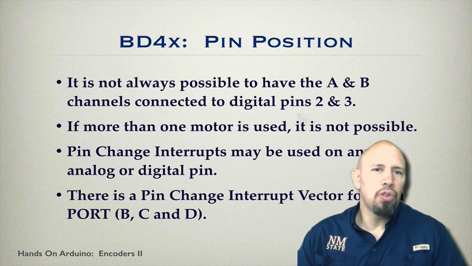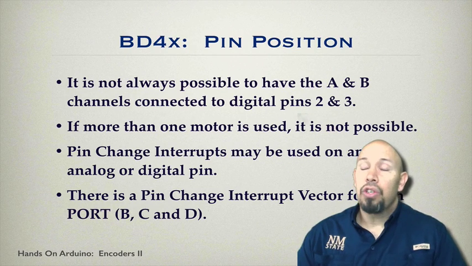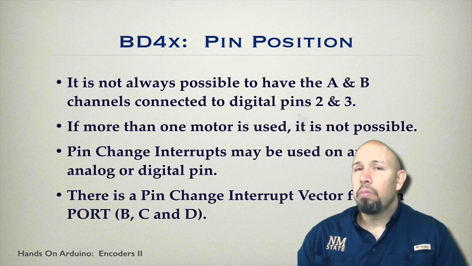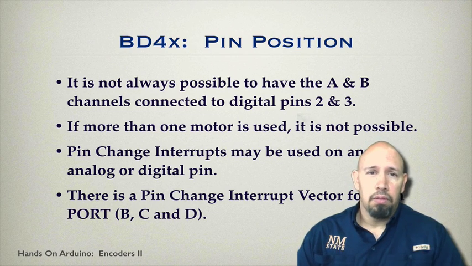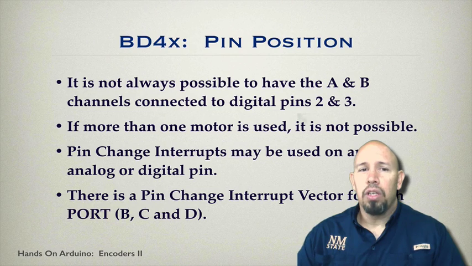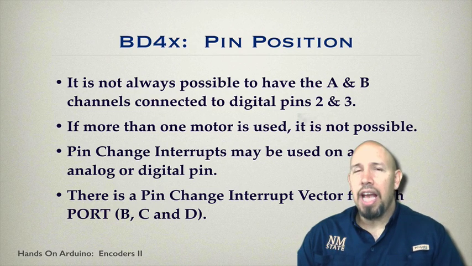Pins 2 and 3 may be used for something else. Also, if you're going to be using more than one motor or more than one encoder, then it's just not possible to use only the external interrupts unless you're doing one directional decoding. But in general, we want to know how to work with any particular pin.